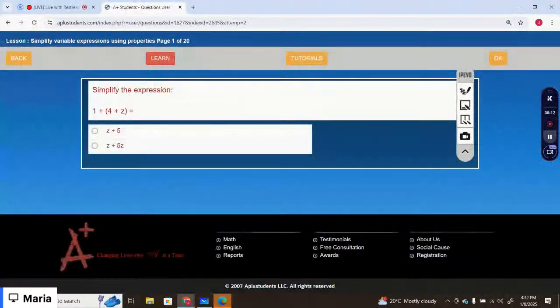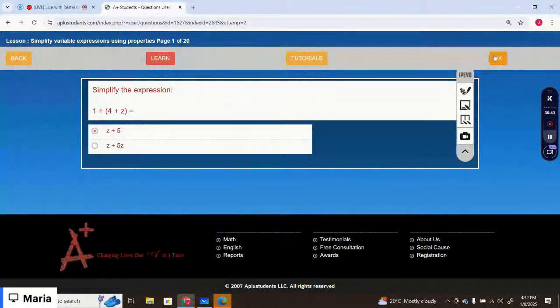Simplify the expression. So which is the correct option? That is z plus 5.